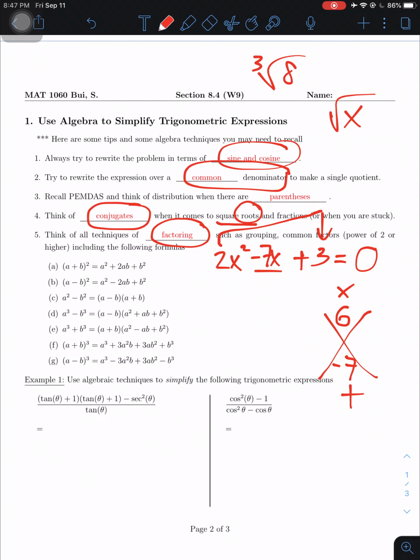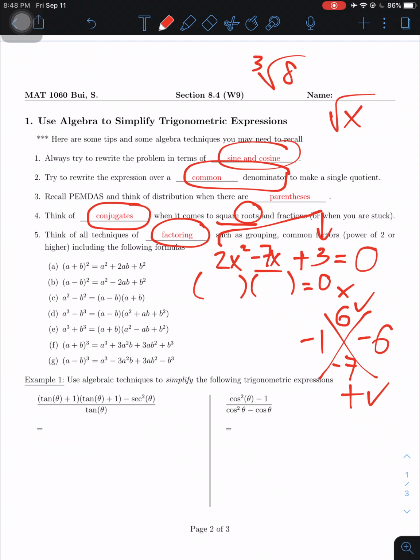Well, keep in mind that you have to add them at the same time to get -7. So in my mind, I'm having 1 and 6, but because it's -7, it has to be -1 and -6. If you want to double check on it, -1 times -6, so we have a 6 in here. Good. -1 plus -6, we have a -7 in here. That's also good. So now we're gonna do the parentheses step.